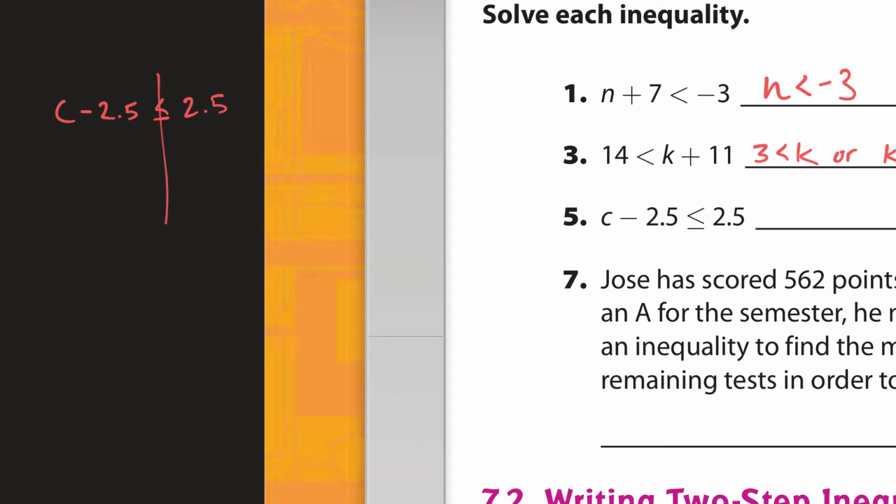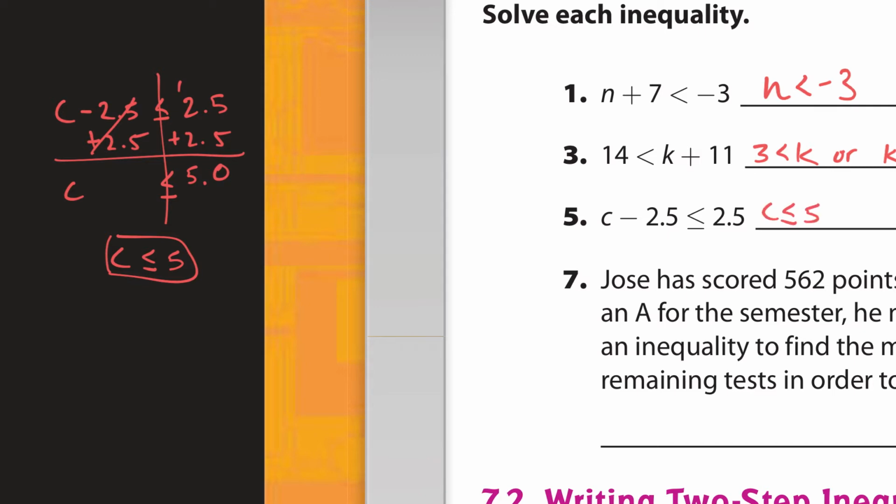Well, the inverse of subtraction is addition, so I have to add 2.5 to both sides. These cancel. c is less than or equal to 2.5 plus 2.5, which is 5. That would be 5.0, or I would probably just write c is less than or equal to 5. That's what I would write. c is less than or equal to 5.